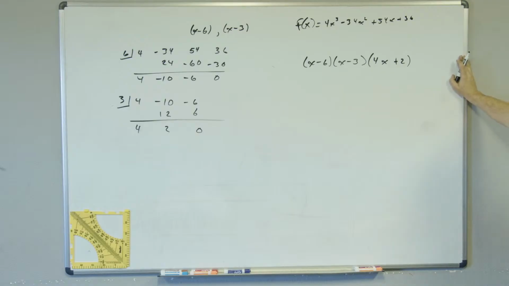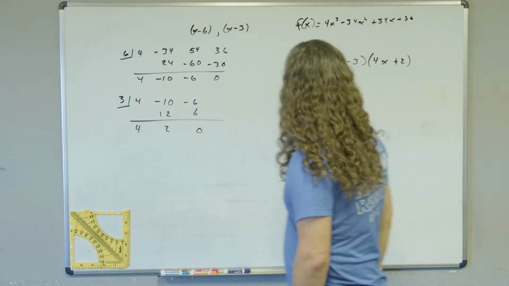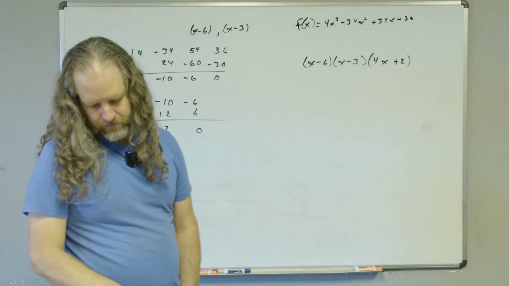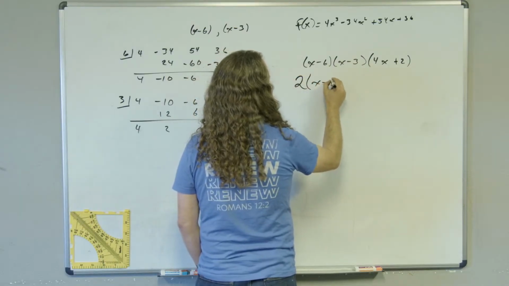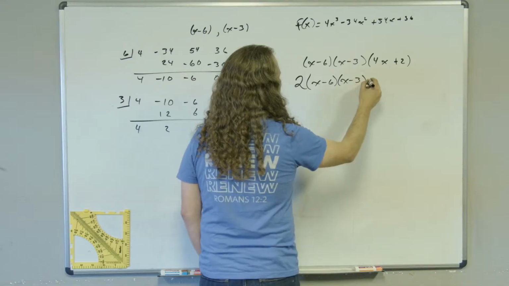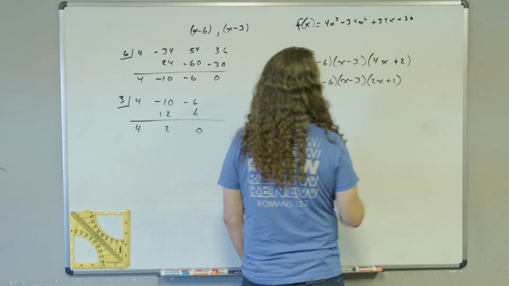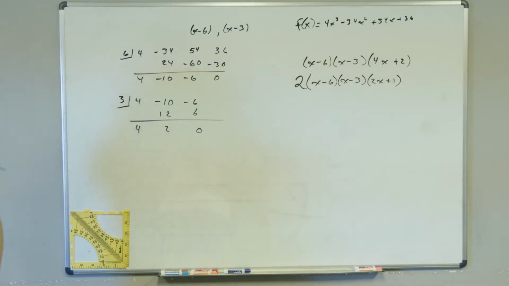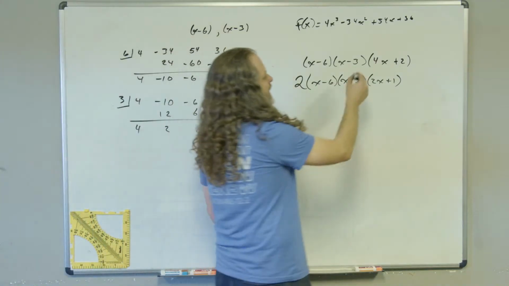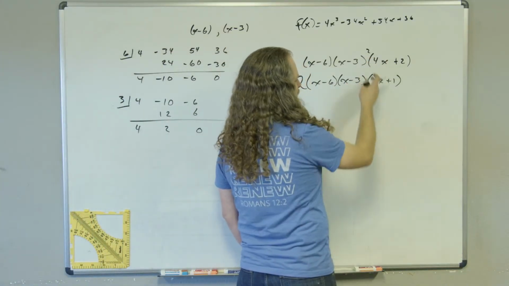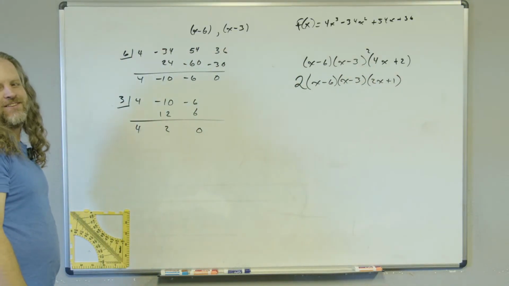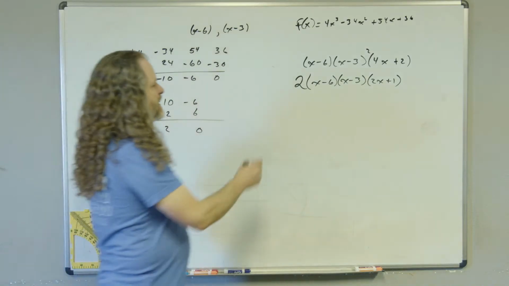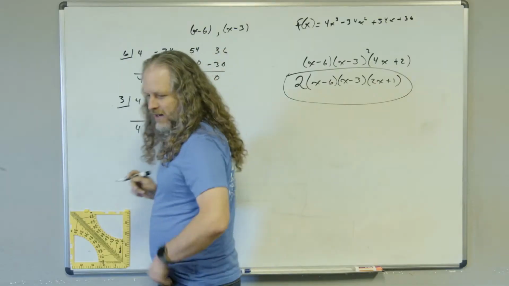We can pull a 2 out of the 4x plus 2, factoring it out of one of the factors. The commutative property says I can move it around. Easy peasy, lemon squeezy.